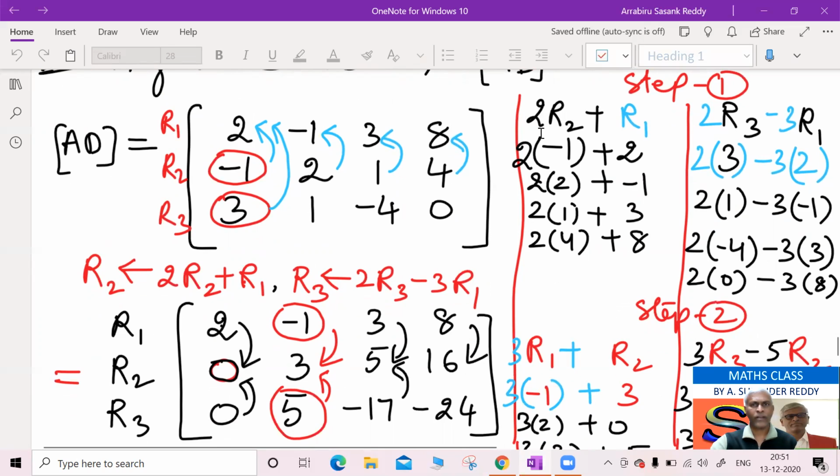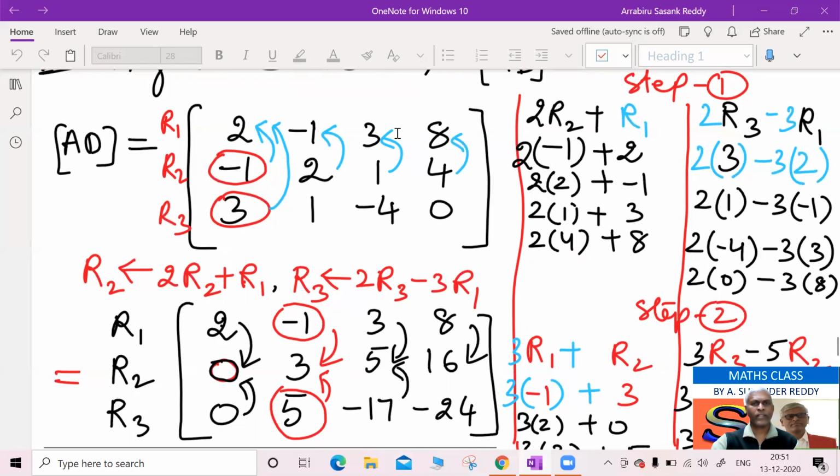Substituting in the same formula, 2R2 plus R1, 2 into 2 minus 1, 4 minus 1, 3. So in place of 2, it becomes 3.